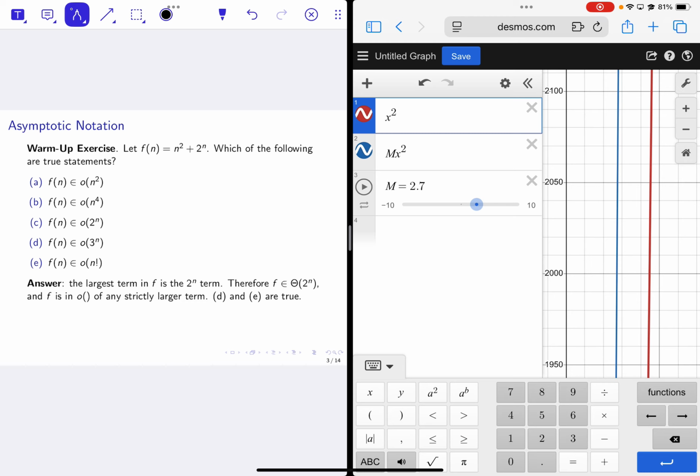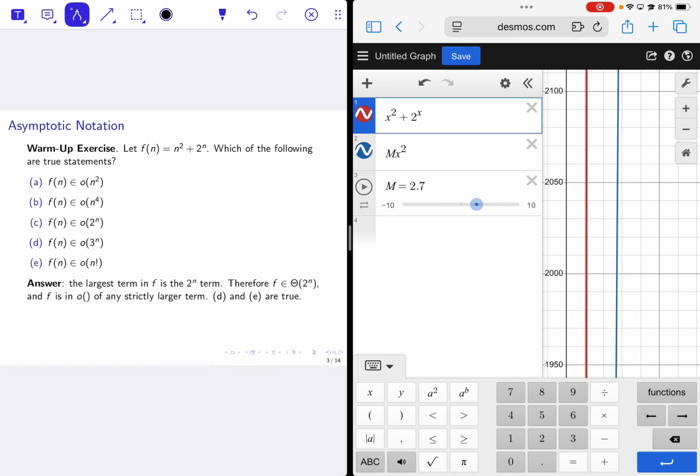So now we have the function x squared plus 2 to the x. Keep in mind that we're using n on the slides and x in the graphing calculator, because if you try typing n into the graphing calculator, it'll think that it's a constant and get confused.